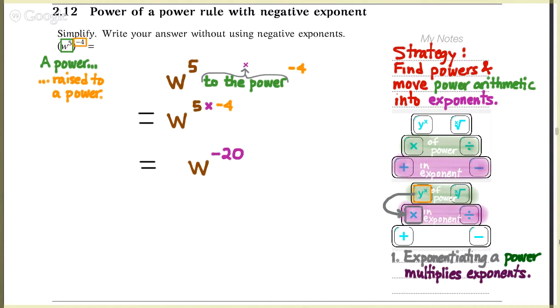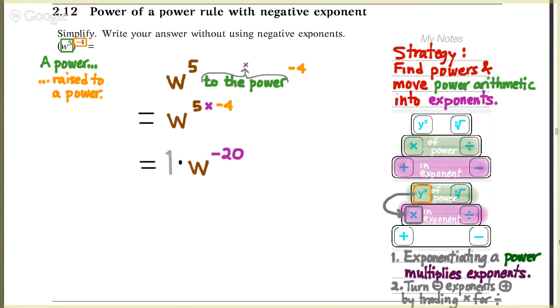Of course, we're not done because we need to write our answer without using negative exponents according to the statement of the problem. So we again just need to trade negative exponents for positive exponents, and we can do that by trading multiplication of that power for division by that power. But there is no multiplication sign here. Well, let's put one in there and see, again, a hidden coefficient of 1 sitting in front of w to the -20 power.